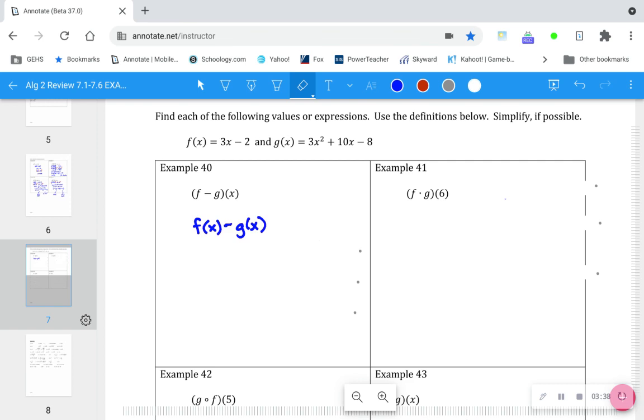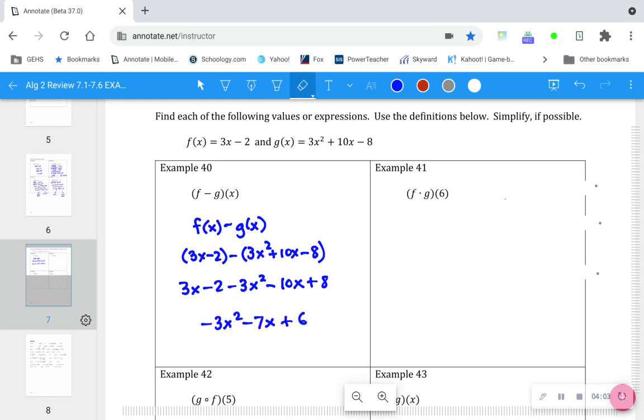So you take the 3x minus 2 and take away the other one. Notice that I have parentheses around it because you're subtracting all of it, not just the front part of it. The negative sign in the middle distributes, which causes this to be negative 10x and this to be positive 8. And then I collect your like terms to finish the problem.